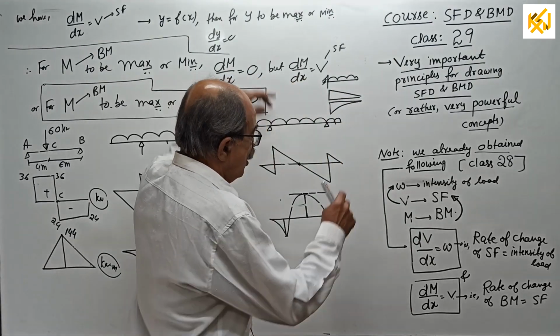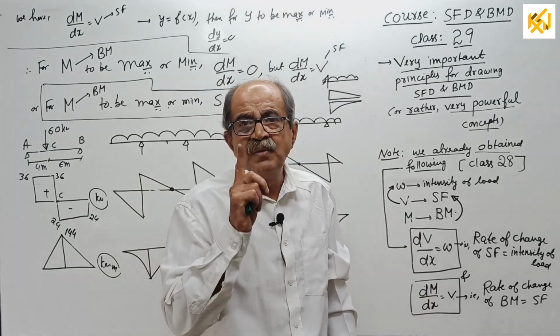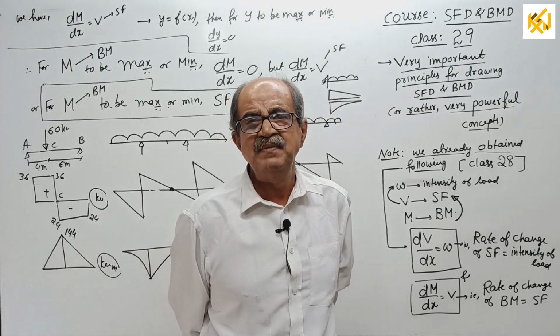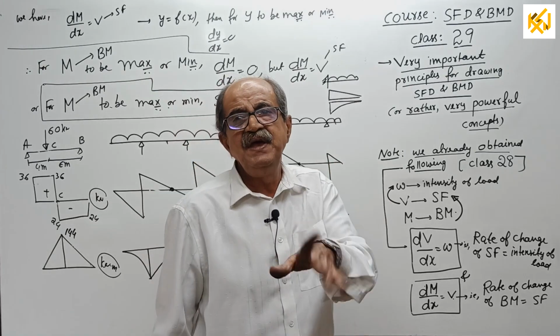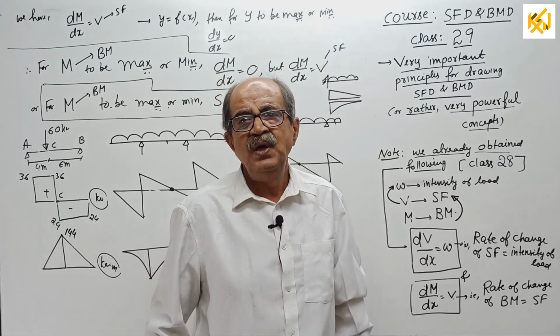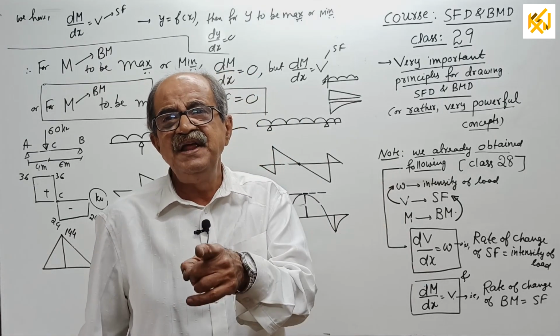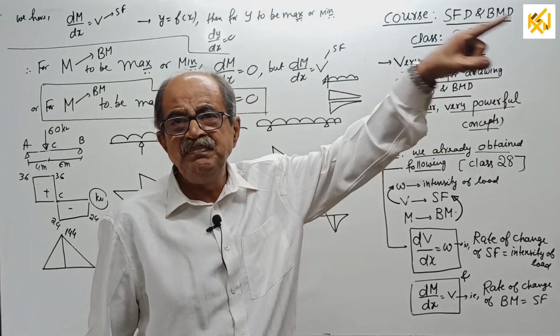Then, for bending moment to be maximum or minimum, usually maximum, in rare cases you require minimum, the shearing force there should be 0. So, bending moment is maximum or minimum where shear force is 0, subject to some conditions, that is, conditions applicable for mathematics.